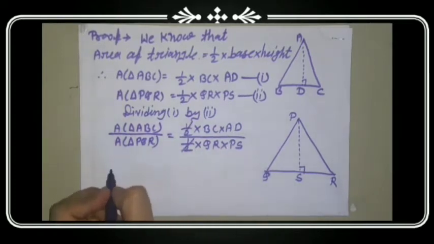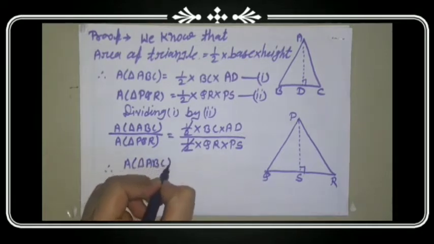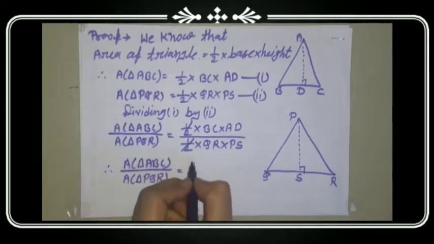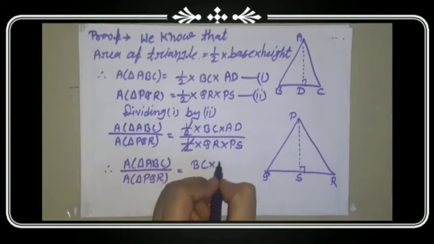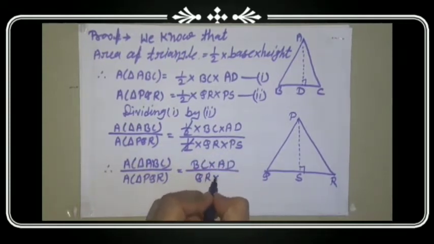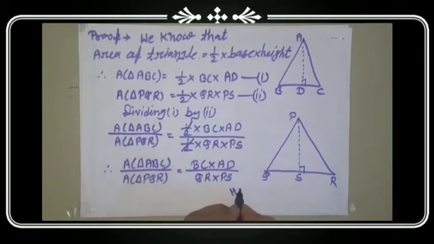Half cancel. Therefore, area of triangle ABC divided by area of triangle PQR equal to BC into AD divided by QR into PS. Hence, proof.